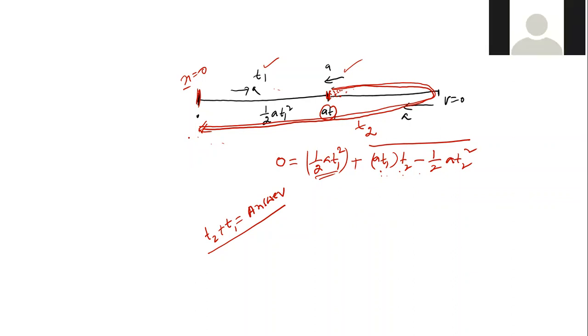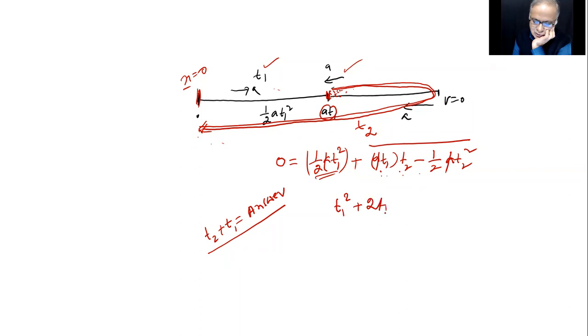So I need to solve for t2 from here, right? A goes, a is there everywhere. Half goes, but 2 comes here. So I'll get t1 square plus 2 t1 t2 minus t2 square equals 0.